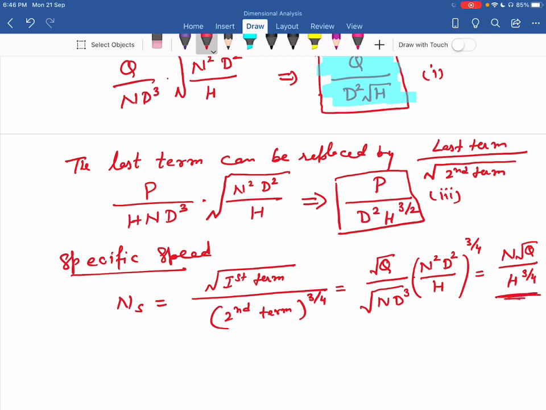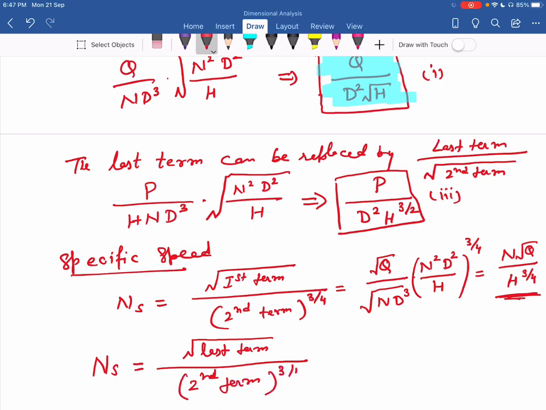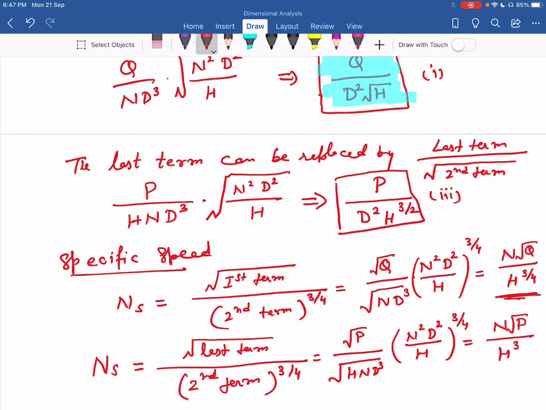Also I can write ns is equal to under root of last term divided by second term raised to power 3 by 4. So this comes out to be under root of p under root of h n d cube into n square d square upon h raised to power 3 by 4. So it comes out to be n under root of p divided by h raised to power 5 by 4. Now this is the another term I have.